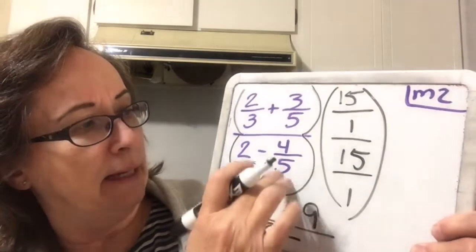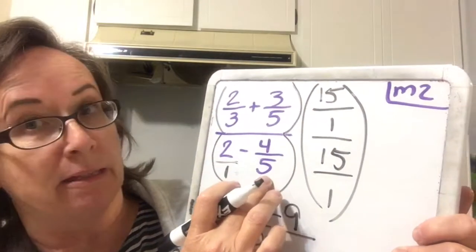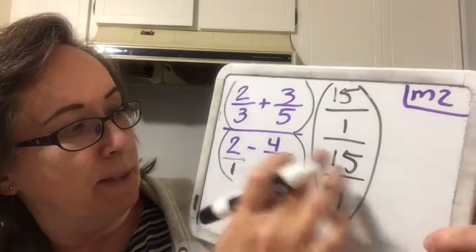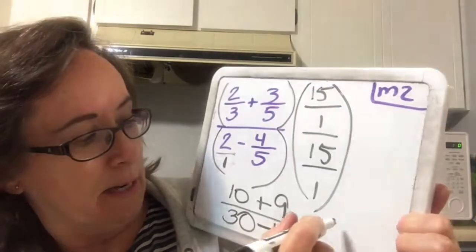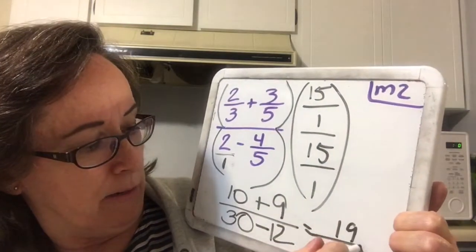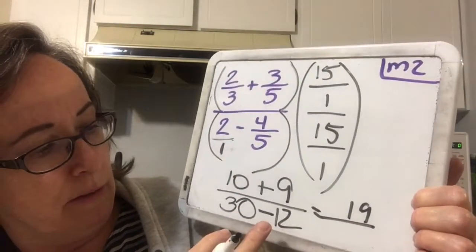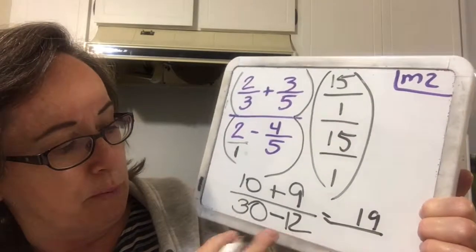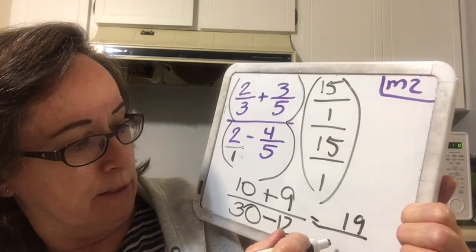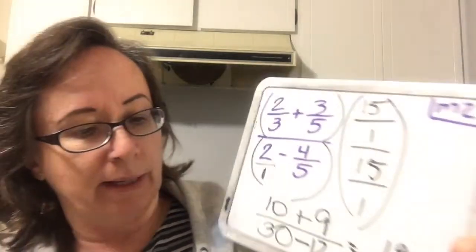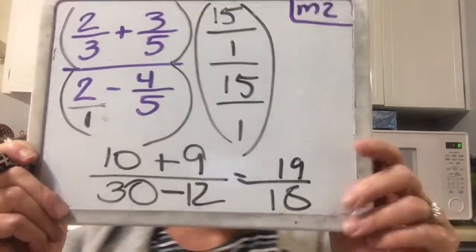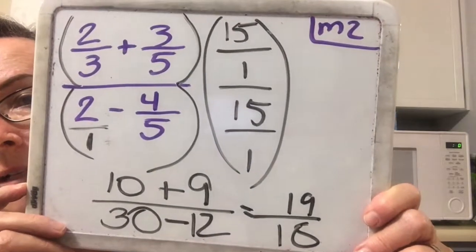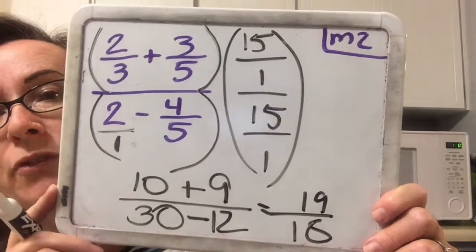And then minus the 15 and the 5 will cancel with a 3. 3 times 4 is 12. So altogether, I get 19 over, and 30 minus 12 is going to be 18. So I get 19 over 18, and that is the correct answer.